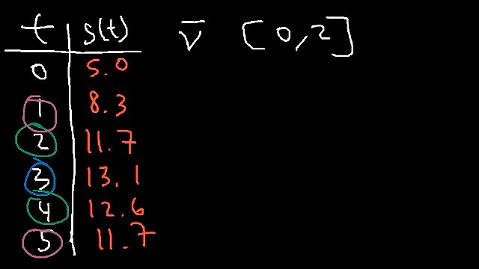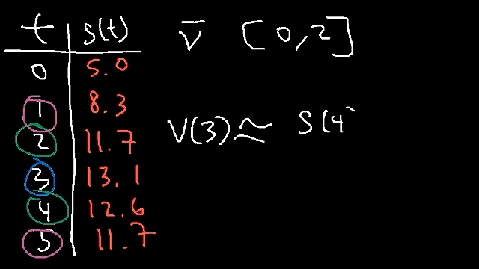But 2 and 4 are closer to 3 than 1 and 5 are. So we need to use 2 and 4. So the instantaneous velocity at 3 is approximately equal to the average velocity, which is going to be S of 4 minus S of 2 over 4 minus 2.